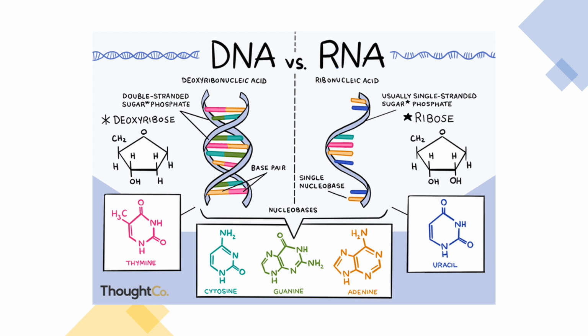Thus, each nucleotide along a DNA strand has adenine, guanine, cytosine, or thymine as its base, and each nucleotide along an RNA strand has adenine, guanine, cytosine, or uracil as its base.